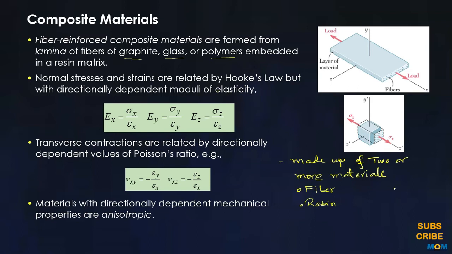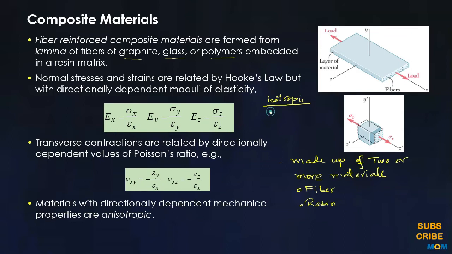Now in the previous case the material was isotropic, which means the material was not direction dependent, so we were having only one modulus for isotropic material, which is not direction dependent.